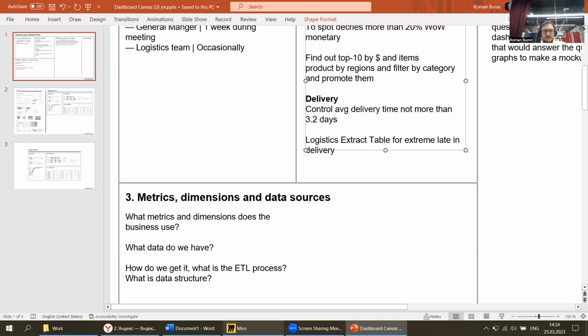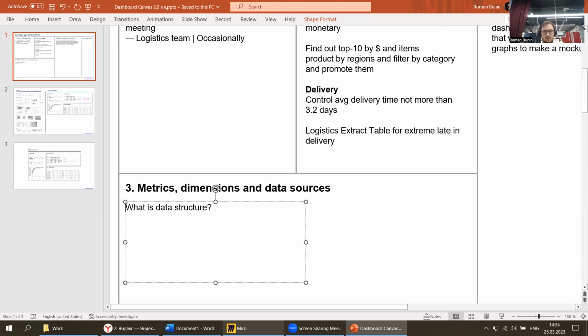Let's discuss what metrics and dimensions we should include in the dashboard. The percent of deliveries with delivery time of more than 3.2 days. That's the complex one. Okay, analysts like complex metrics. Percent of delivery.